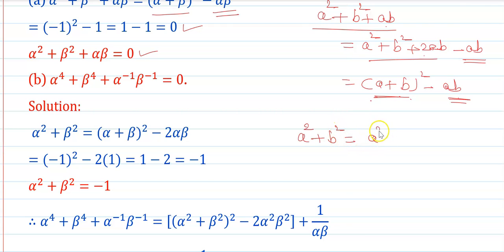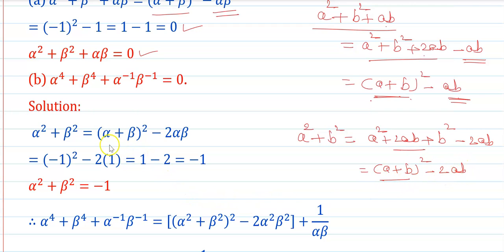I will write here a square plus 2ab plus b square. We use the term plus 2ab, so I will subtract it here, that is minus 2ab. And this is nothing but a plus b bracket square minus 2 times a into b.